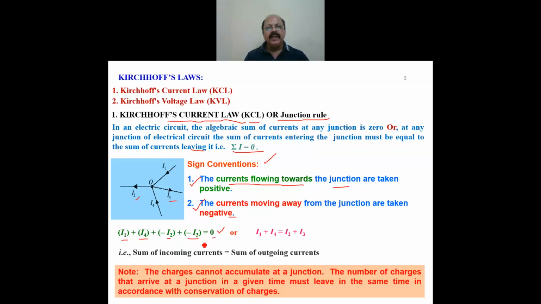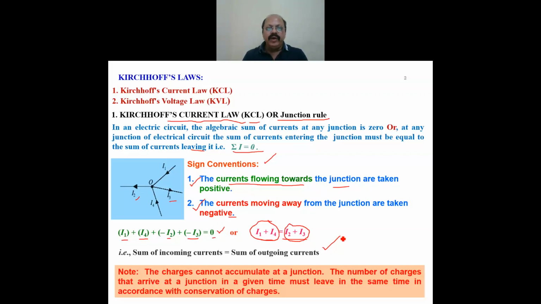Or we can rearrange it, then I1 plus I4 equals I2 plus I3. Means the sum of incoming currents, that are moving toward the junction, is equal to the sum of outgoing currents, that are moving away from the junction. So we call this Kirchhoff's first law or Kirchhoff's current law or junction rule.